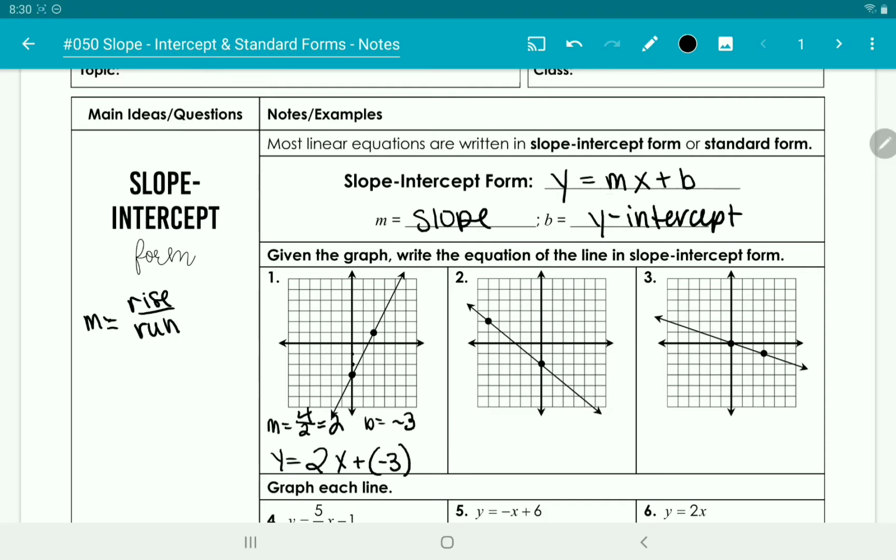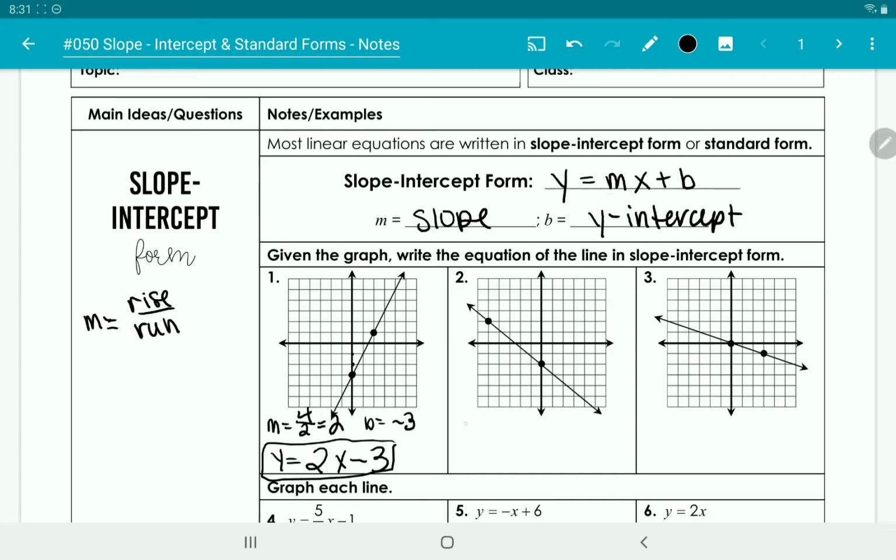So you could either write it that way, or if you wanted, since it is negative, plus negative 3 is the same as minus 3. So that's all you're going to do. You're going to figure out what the slope is, you're going to figure out what the y-intercept is, and then you're going to replace the m and the b in the equation with those numbers.